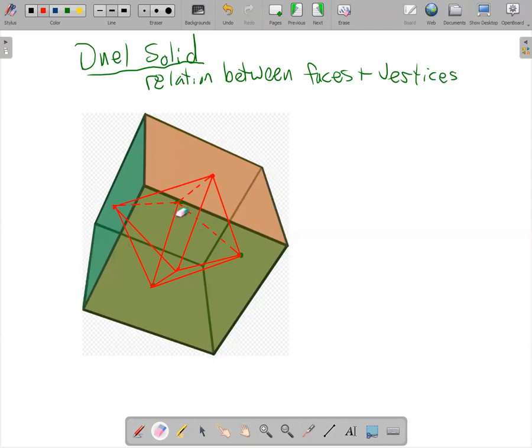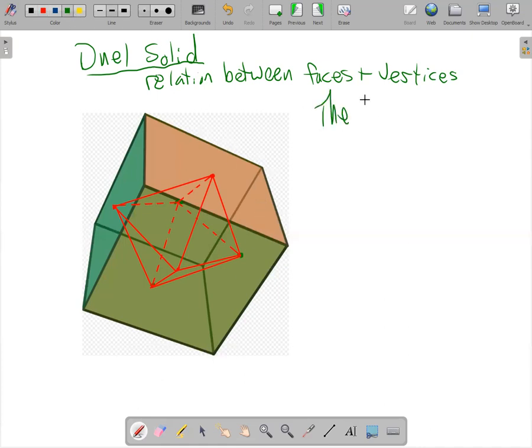This is going to be dotted. There, and now I think I got it. Can you tell what that is that I've just drawn there? That, to the best of my artistic ability, is the octahedron.